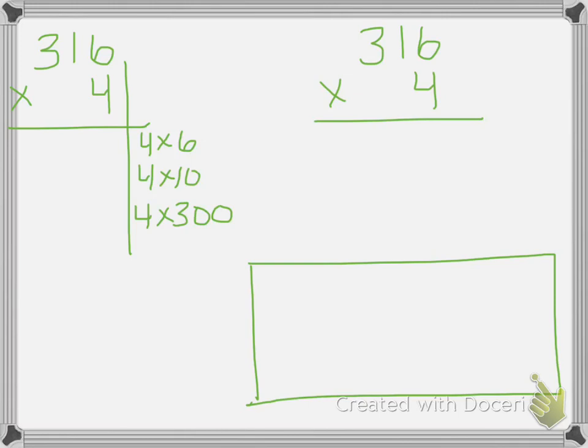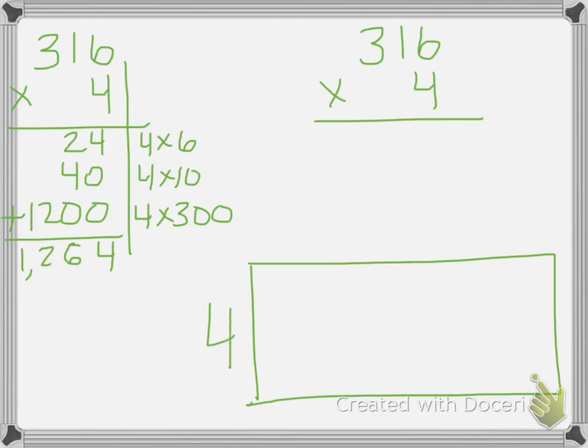So my 4 times 6 gets me 24, my 4 times 10 gets me 40, and my 4 times my 300 gets me 12 hundreds, or 1,200. And I go ahead and add them together. I end up with 1,264.